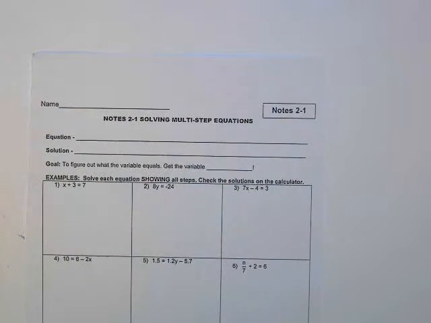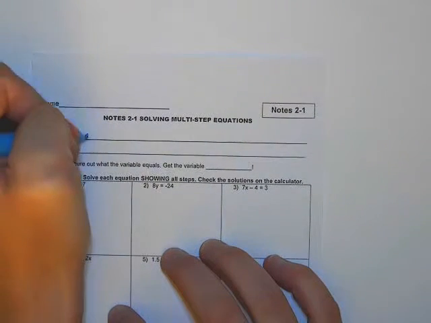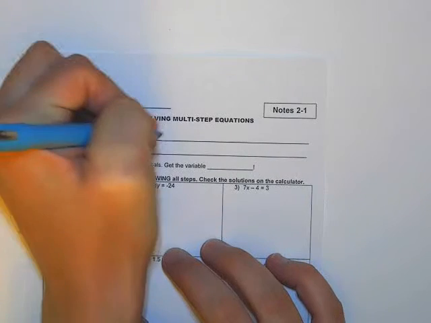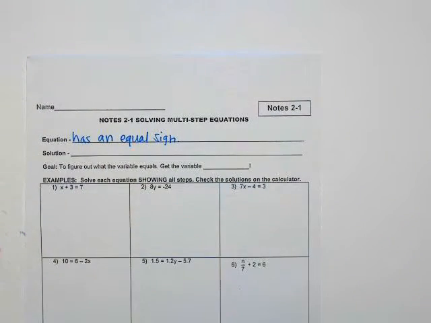So an equation, okay, an equation has an equal sign. What do we call it if it does not have an equal sign? Remember when we talked about expressions?